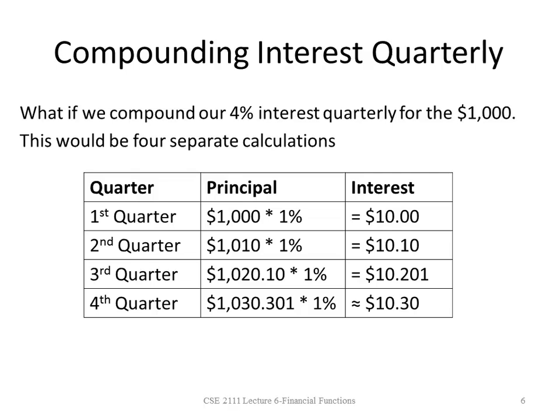And the interest at the end of that quarter will be $10.20. And then we will add that to the fourth quarter amount, which will make our interest approximately $10.30. And so at the end of the fourth quarter, we will have $1,060 and approximately $0.60, so $1,040.60.